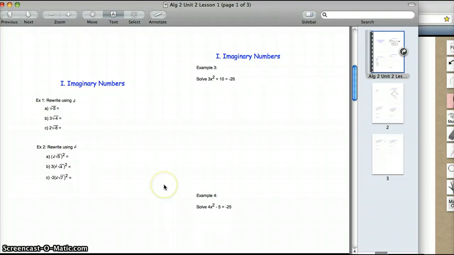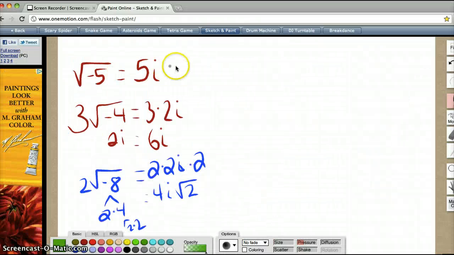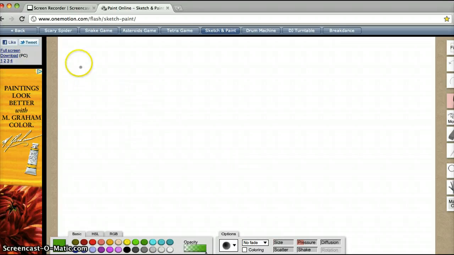All right, let's go here to the next example. Now, how do we do imaginary numbers that are in actual equations? So let's figure that out. Let's set this up. 3x squared plus 10 equals a negative 26. So let's get a new board to work with.